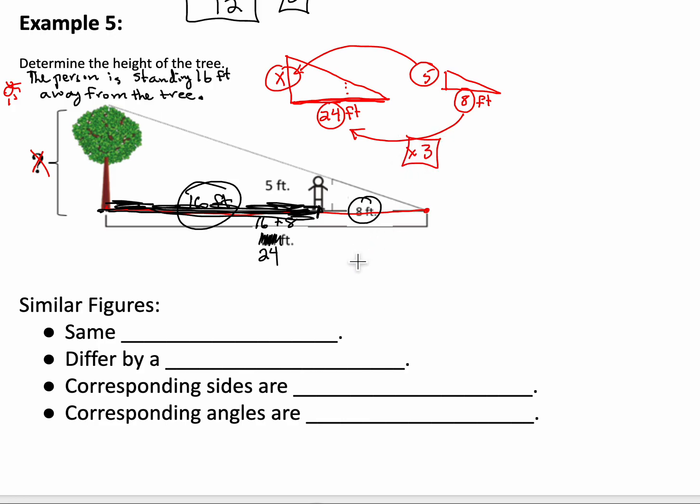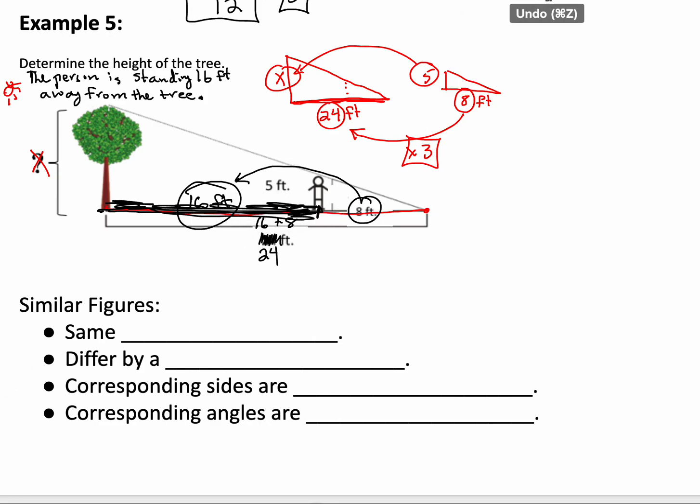Why do I have 2 in my head? You know what I remembered? It's right here. 8 to the 16 would be the wrong scale factor of times 2. And that's why we want to make sure that we get those together, the 8 and 16.